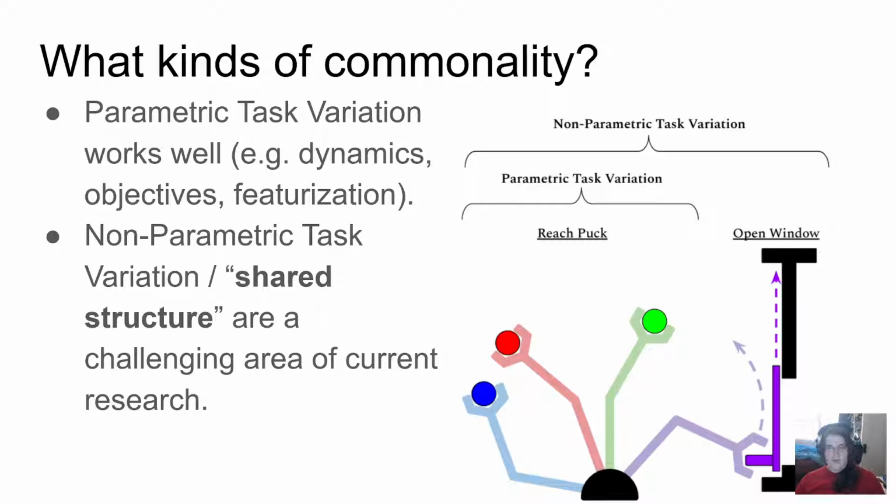In this paper, we're mostly interested in tasks where they vary in non-parametric ways, which means that one task might be grabbing a puck, it could be at various locations, and another task might be opening a window, or another task might be closing a window, etc. But still using the same robot arm and hopefully having some commonality between the different tasks.